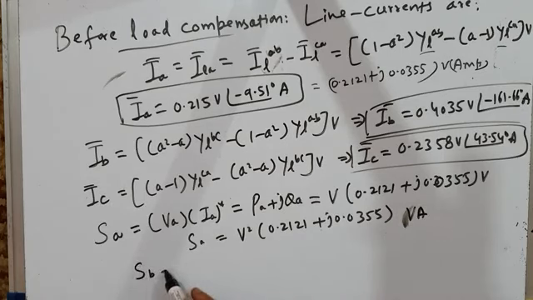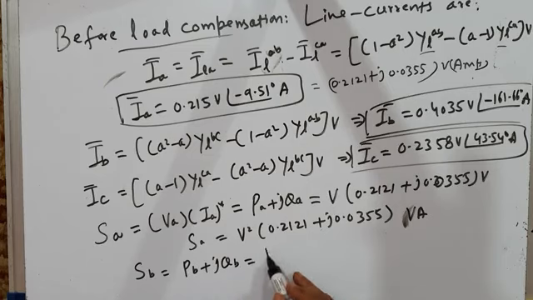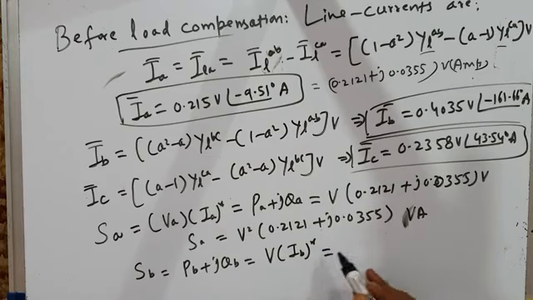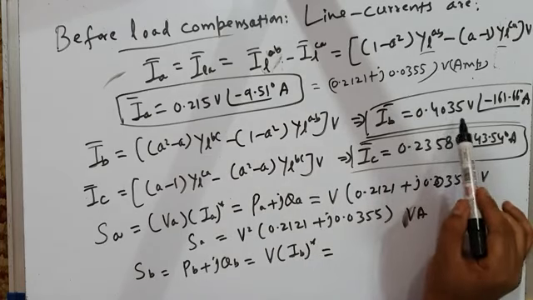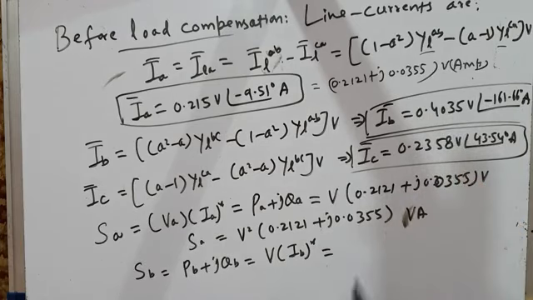Apparent power of phase B is equal to PB plus jQB. If you calculate it, that is V into IB complex conjugate. So you substitute the value of IB. IB is in polar form; transform it to rectangular form and put it here.